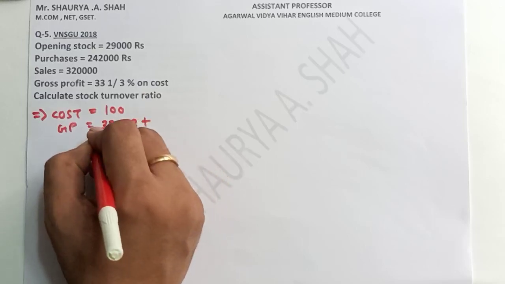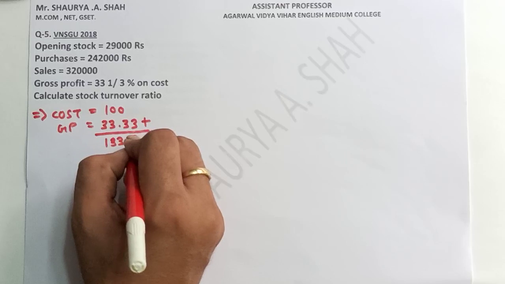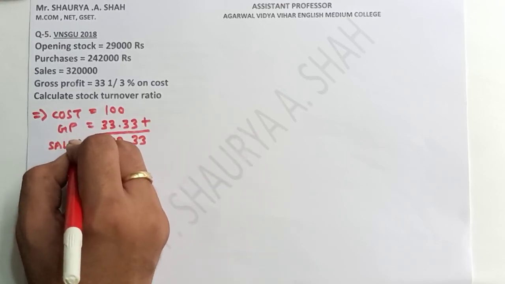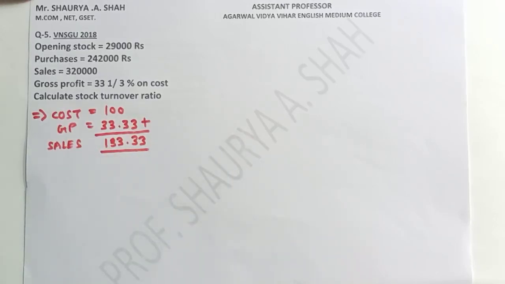So if I add them, I will get the value of my sales. This is just an assumption made. If cost is 100, GP will be 33.33. So my sales becomes 133.33, is it clear to every student?